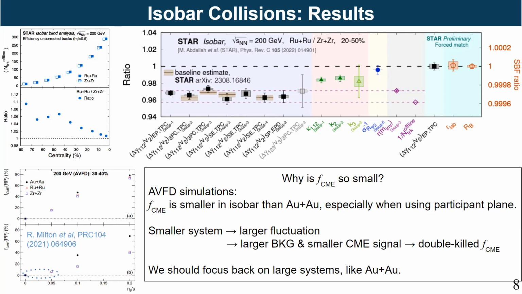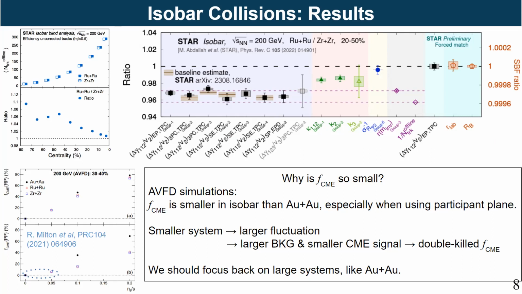We found that the multiplicity is mismatched between the two isobars. We were matching centrality, but when we designed the procedure, what we had in mind was that multiplicity should be the same. In reality, they're not the same because ruthenium is a little larger than zirconium. So for the same centrality, there is a multiplicity mismatch at the 3 to 4% level, and this mismatch will cause the baseline to shift down.